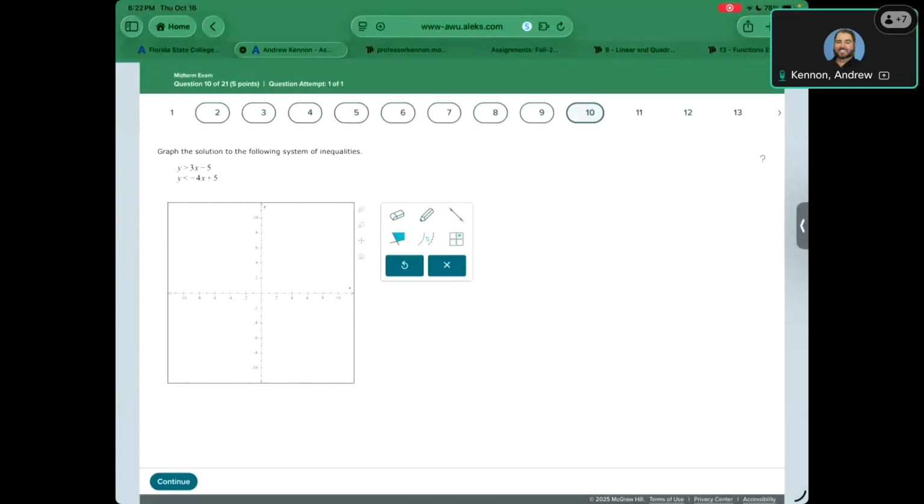Graphing a solution to the following system of inequalities.